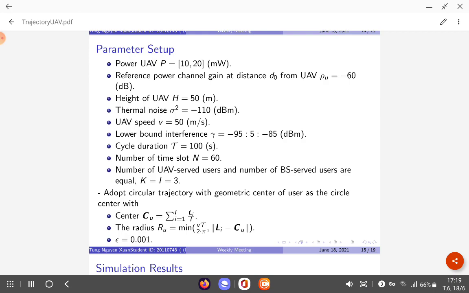And I will use epsilon to stop, equal to 0.001. It means that if the total achievable rate cannot improve by more than 0.1%, the alternating algorithm will be stopped.